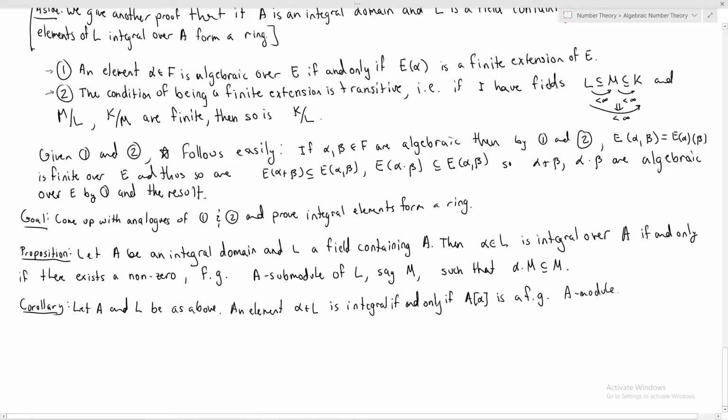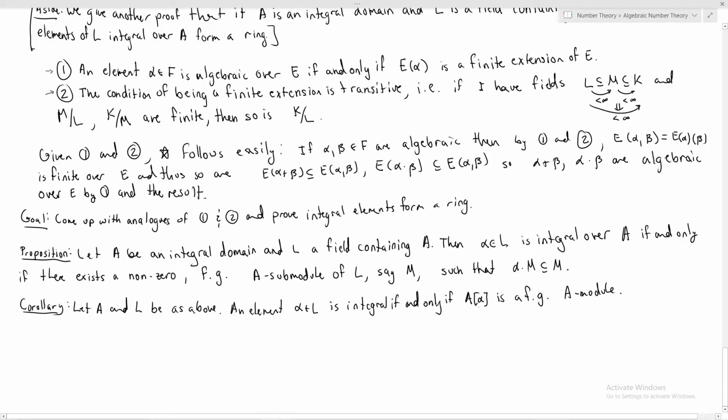So I guess there are a couple of questions that arise. First of all, to see how you prove the corollary from the proposition, one direction is very easy. If alpha in L is integral, then A join alpha is a finitely generated A module.